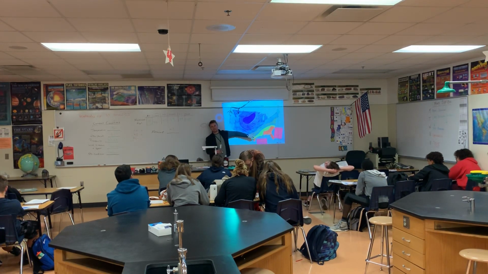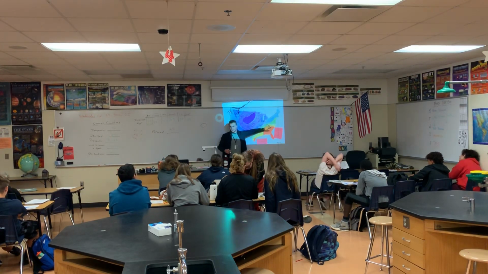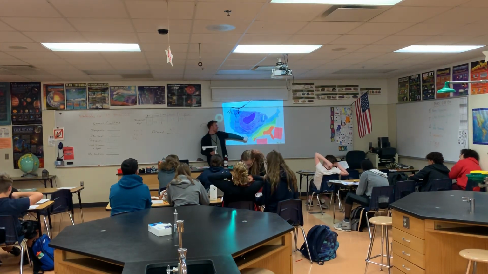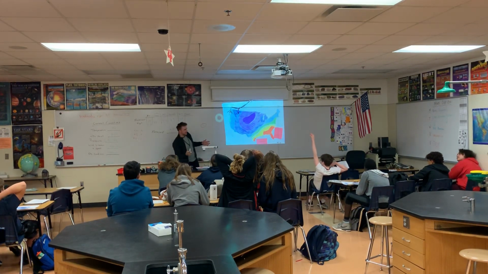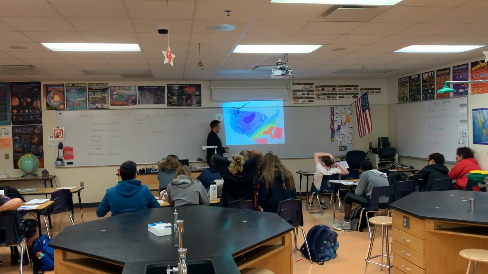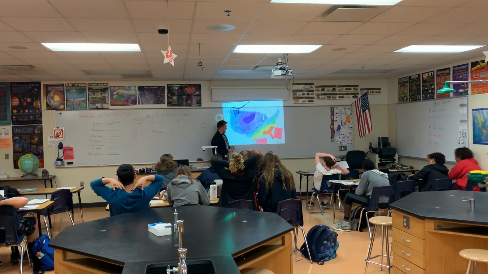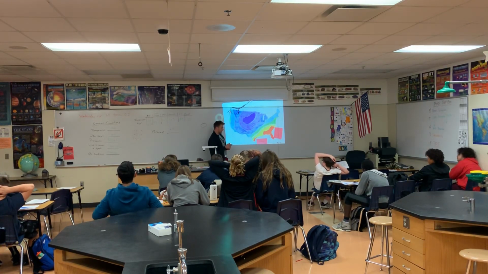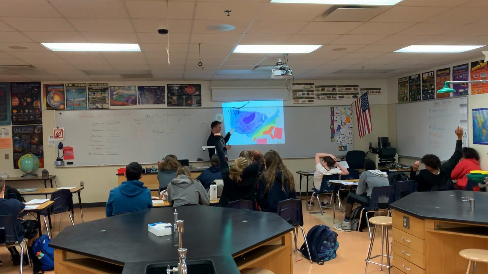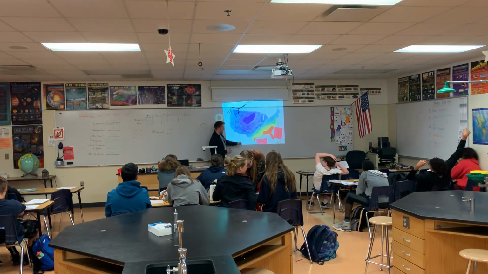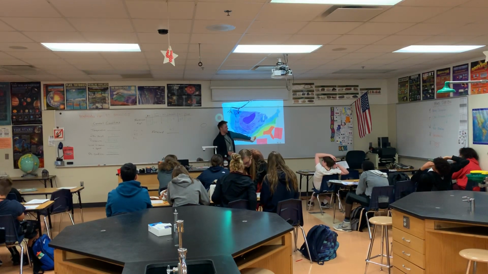Everybody look up here for a second. So if you look down in this part of the country, where do you think the cold front coming in is? Red. Close. Blue. Blue? Purple. Maybe think the other direction. Green? Maybe the light green?